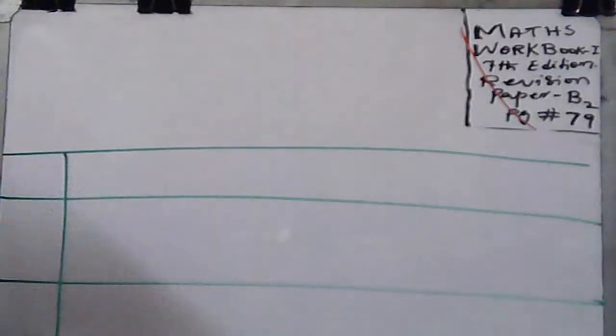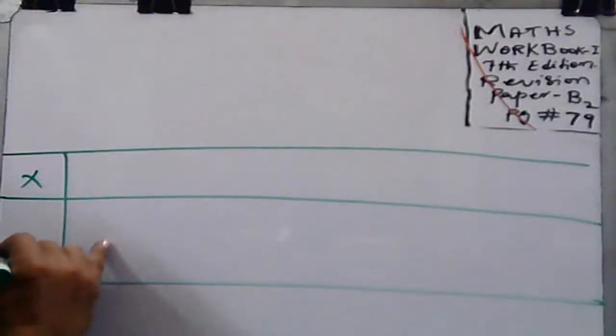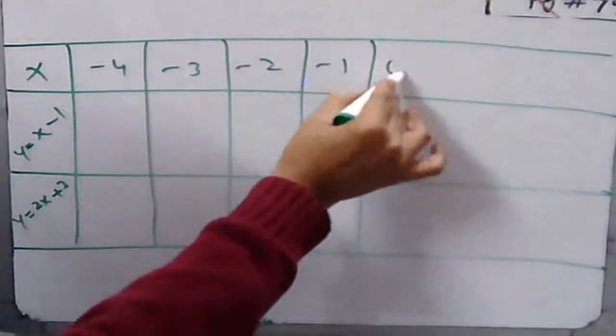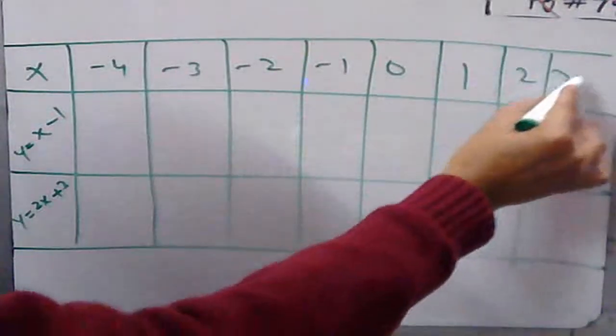The first equation is y is equal to x minus 1, and the second equation is y is equal to 2x plus 3. So minus 4, minus 3, minus 2, minus 1, 0, 1, 2, 3 and 4.